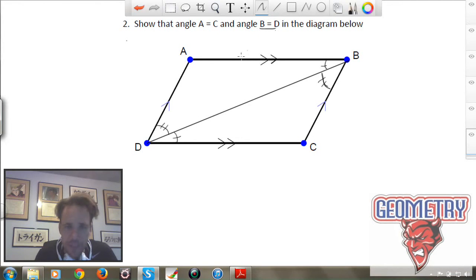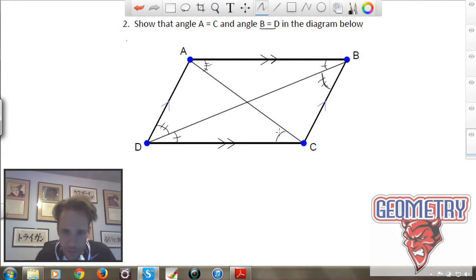So that's that part. Now, showing that A is equal to C is the exact same thing. We would just, at the beginning, instead of drawing the line from D to B, draw the line from A to C. And once we get to this point, we would still find the alternate interior angles here.